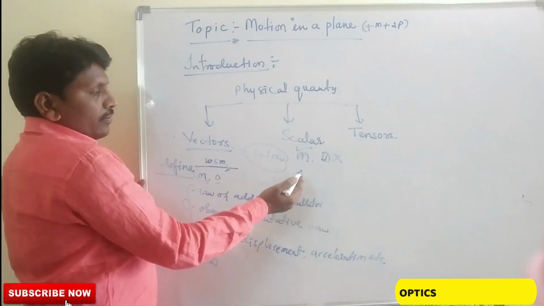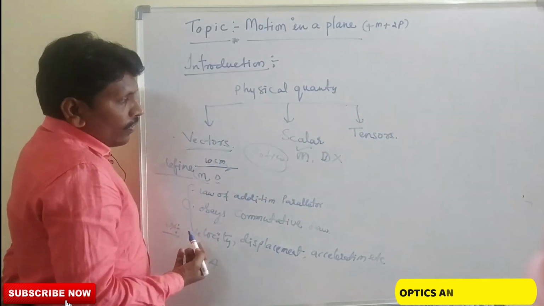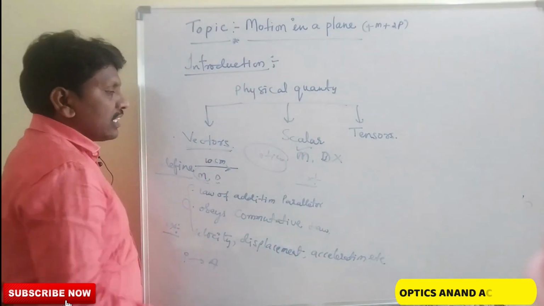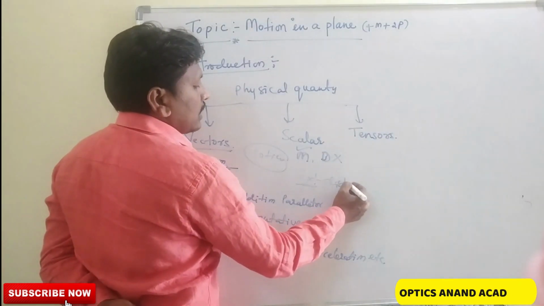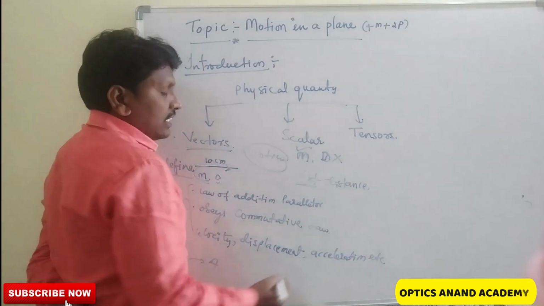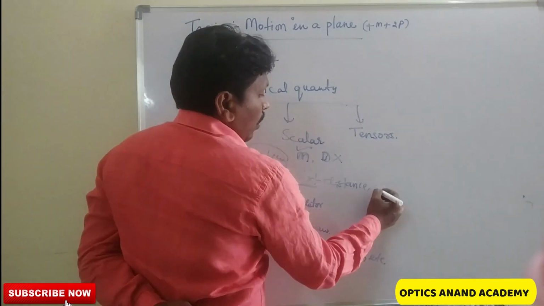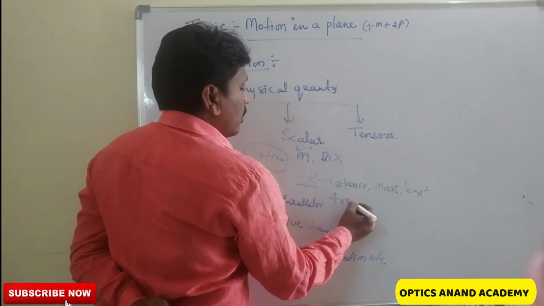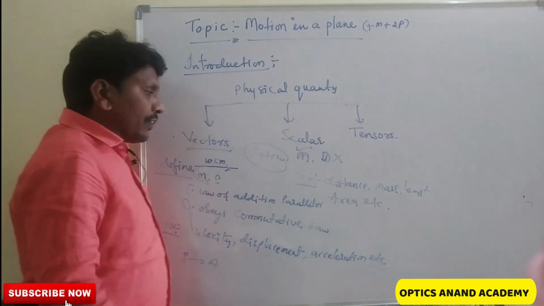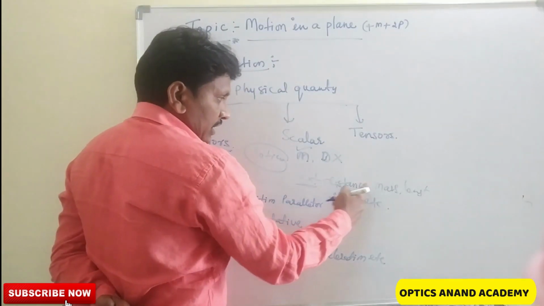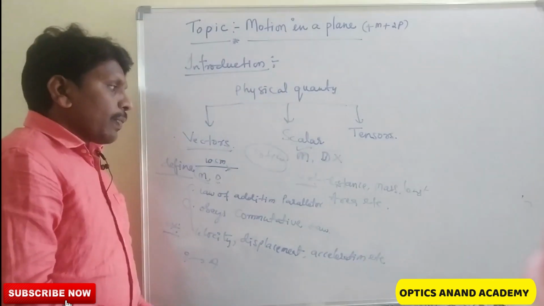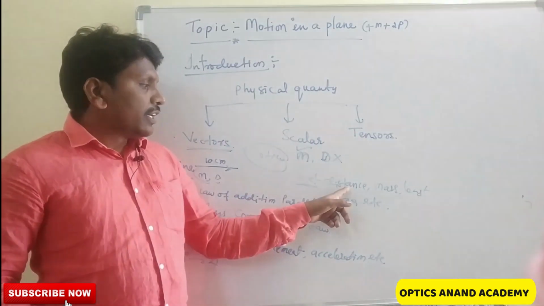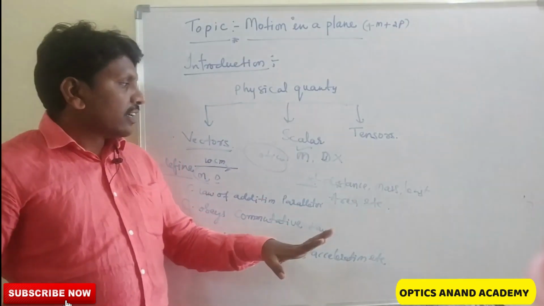Examples of scalars are distance, mass, length, area, etc. If you take any of these physical quantities, they have only magnitude but not direction. Distance does not have direction.